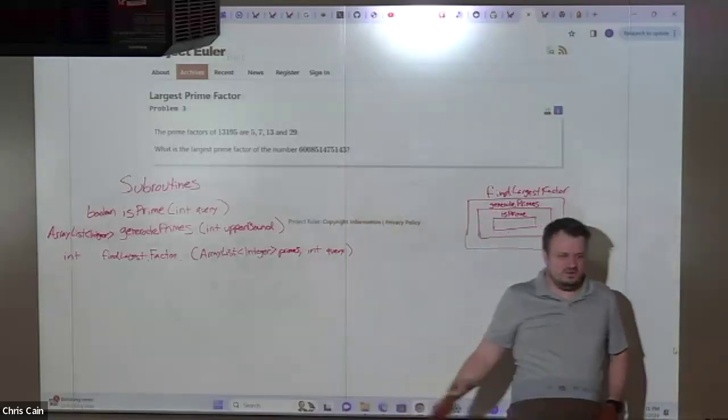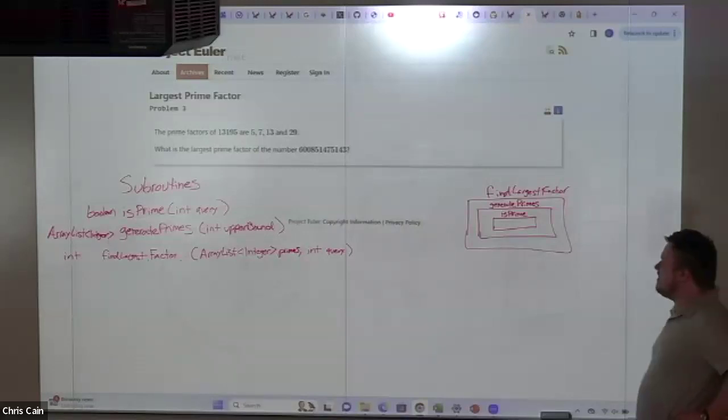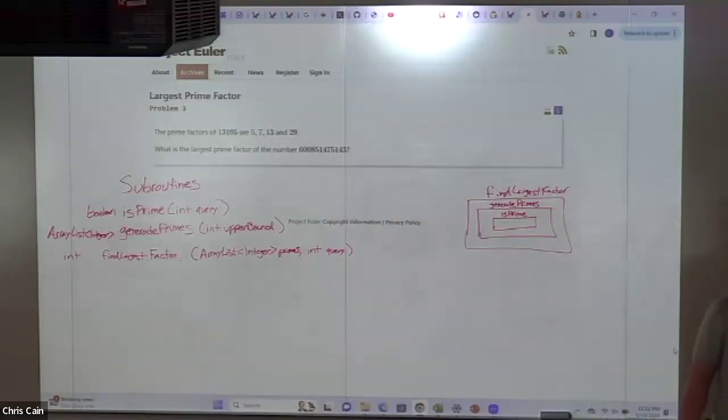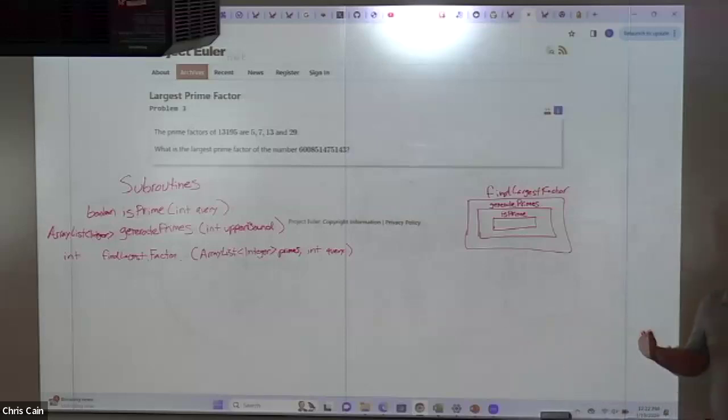Anybody who can read it? It's actually only 600 billion, 851,475,143. Seems arbitrary, but that's the whole point of a lot of these Project Euler problems. They just give you some large number and say, do something to it.